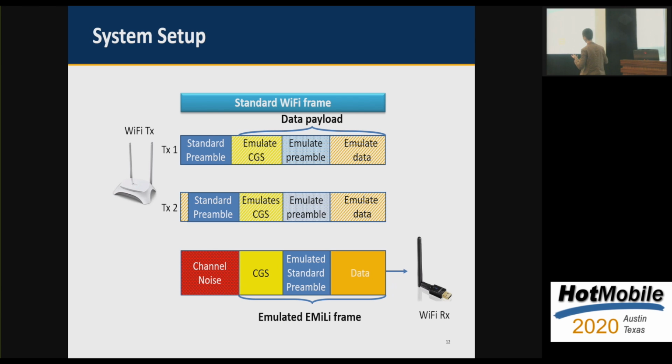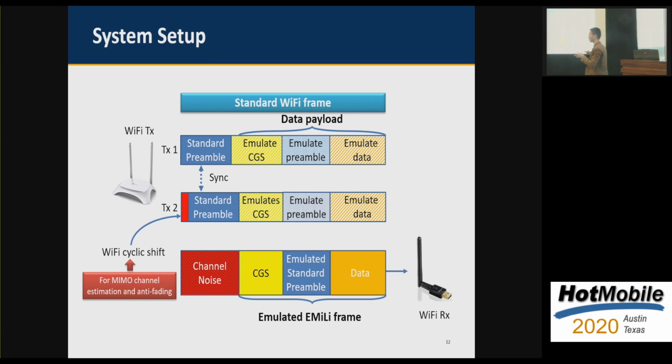It will not be recognized as channel noise. But the good thing is, in the Wi-Fi standard, there is a cyclic shift, which is predefined in the standard, which means that this TX2 standard preamble has a slight shift compared to TX1. By doing so, when the RX is receiving, this part of the standard preamble will be recognized as channel noise.